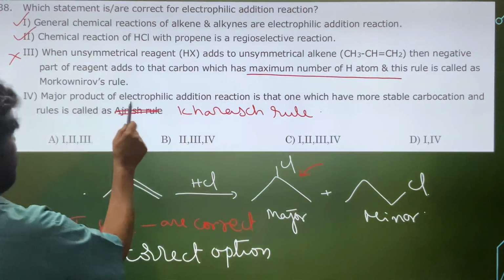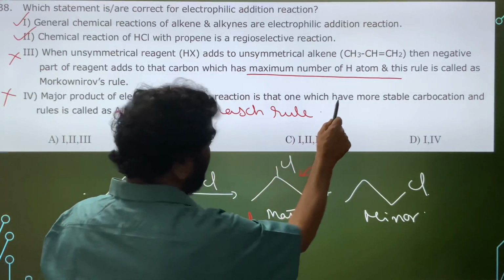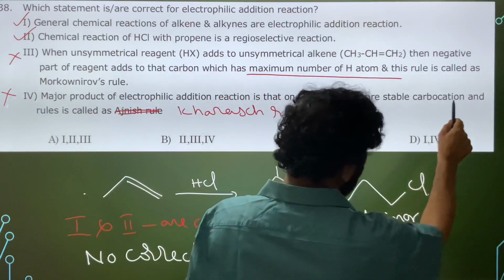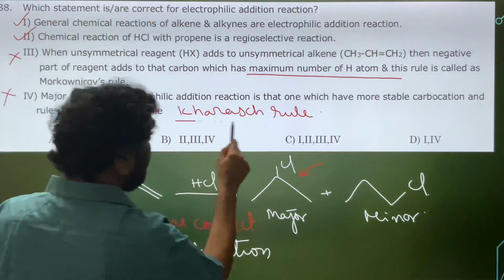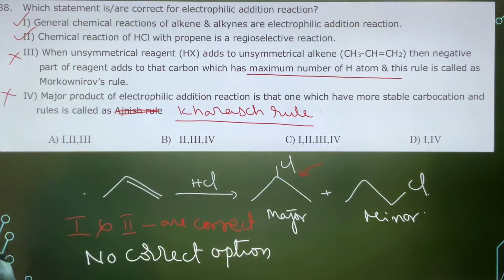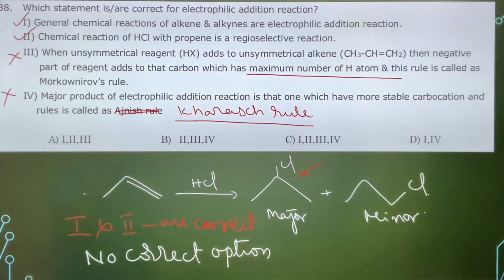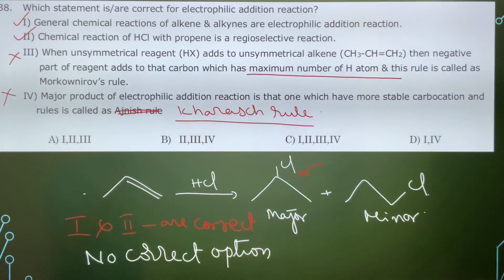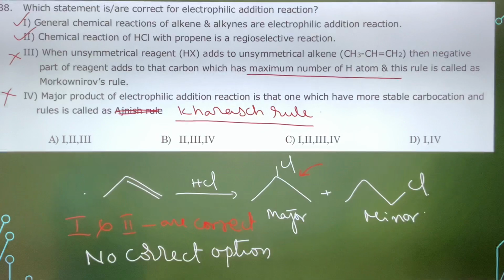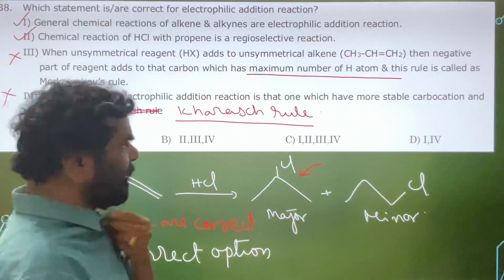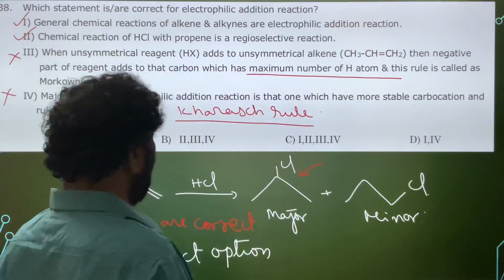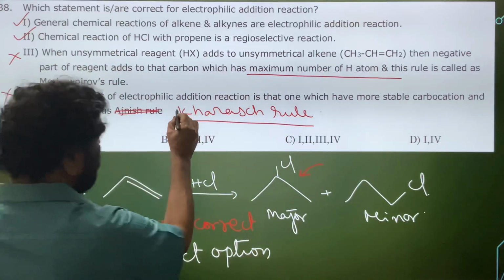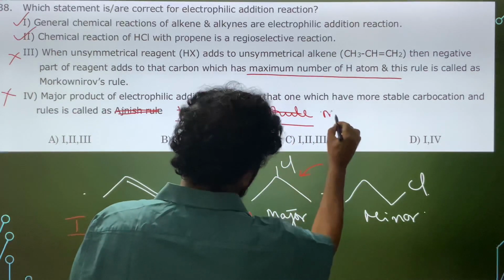The major product of the electrophilic addition reaction is the one which has the more stable carbocation, and this rule is actually Markovnikov's rule.